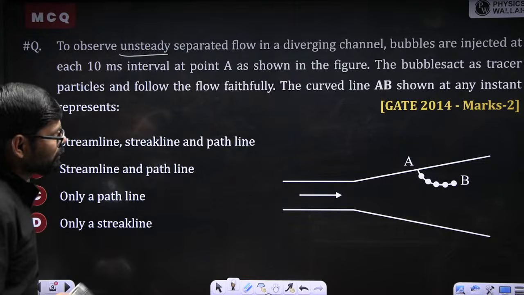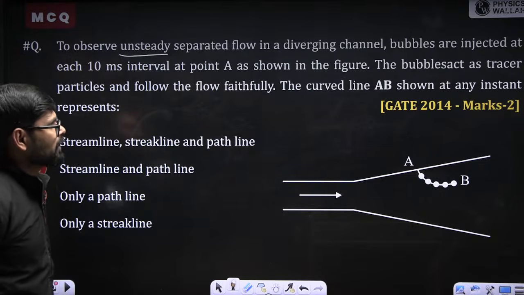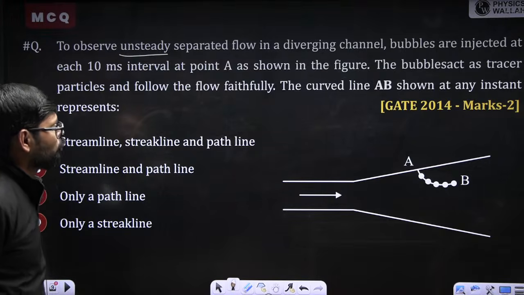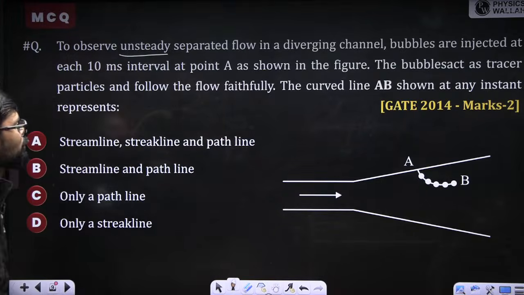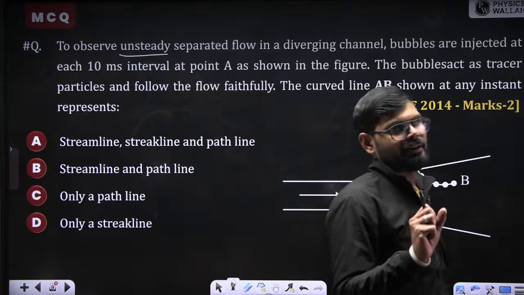Now you just have to tell which line it is. The bubbles are traced particles and follow the flow faithfully, injected at point A. So what is a streak line? Try to understand.